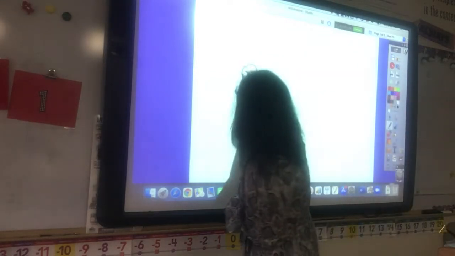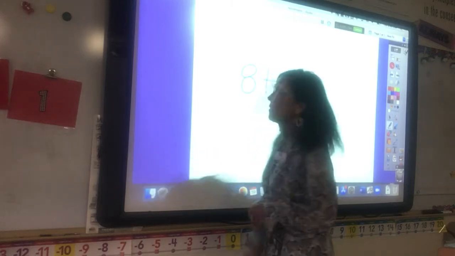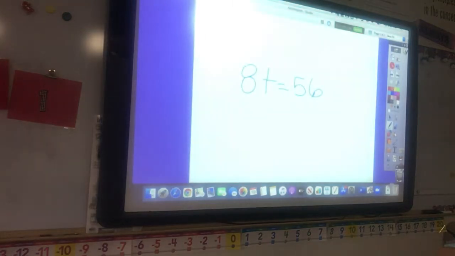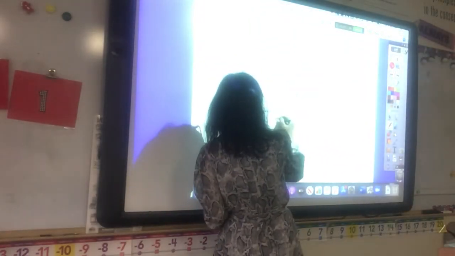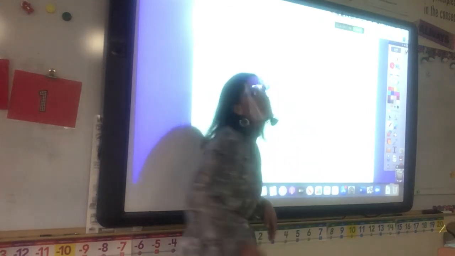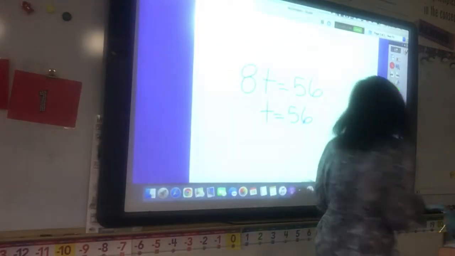Okay, 8t equals 56. So we know that 8t means 8 times t. So our middle step is going to be t equals 56. And since it was being multiplied, what's going to happen when I take it to the other side? We're going to divide it.